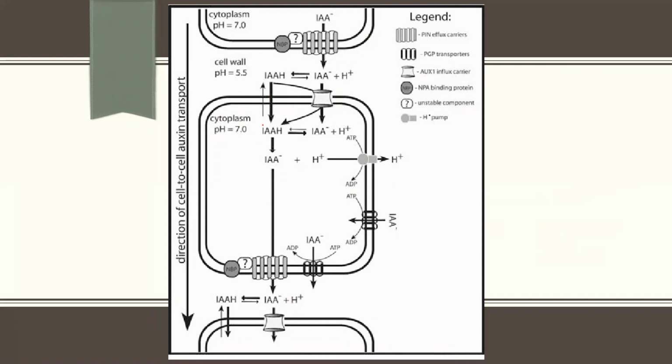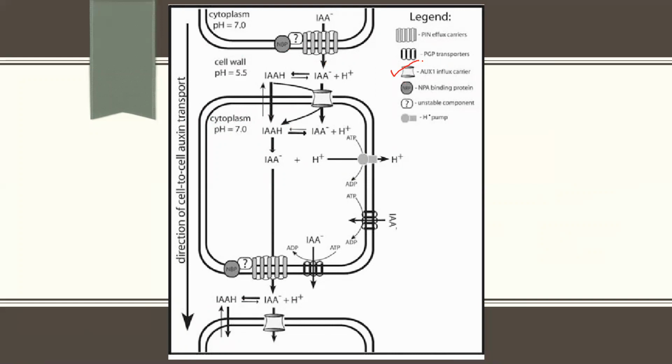The protonated form is lipophilic, and thus auxin can enter easily, while the deprotonated form is not lipophilic, and thus it requires a symporter, which is the auxin symporter. Its location is at the plasma membrane and it helps in influx, which means it brings auxin inside the cell, referred to here as the auxin influx carrier.